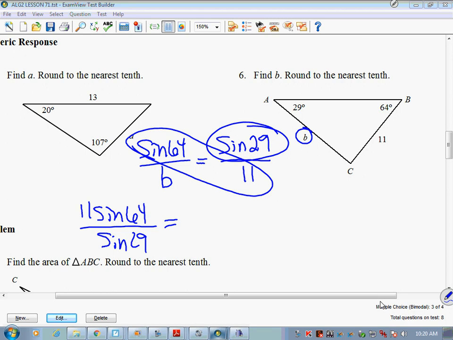1.85? Nope. Let's look at what you're typing in. Okay. For 1, it's not 1 sine 64, it's 11 sine 64, so let's try to do that. So it's just a small mistake here. 11 sine 64.